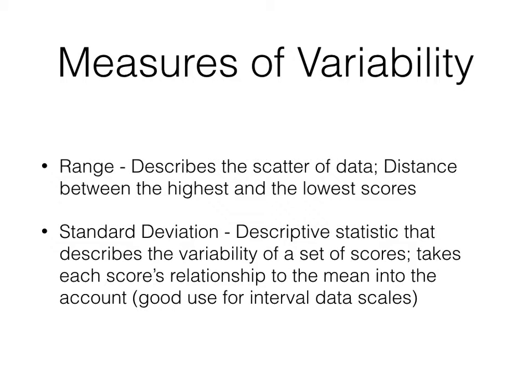We will talk a lot more about range and standard deviation when we administer the WIAT, and I think that usually gives students a little bit better of a framework when we actually start working with the test and you have some actual data to consider and interpret.